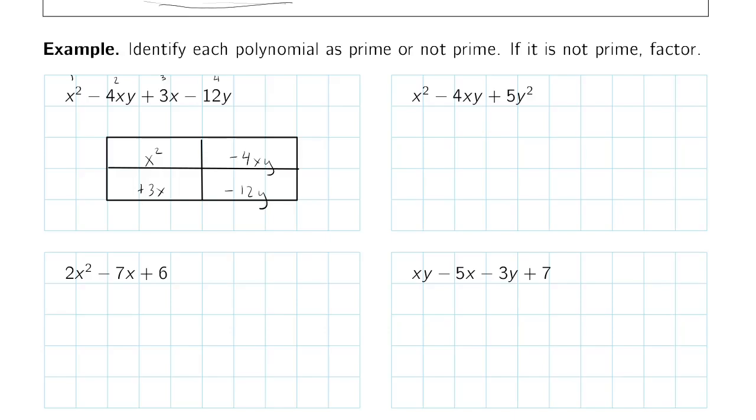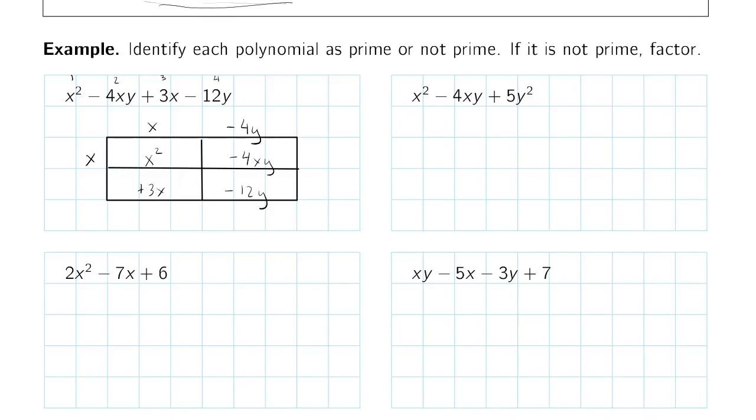Greatest common factor in my first row is x. So in my first column, I'll need another x, because x times x is x squared. In my second column, I'll need a negative 4y. X times negative 4y is negative 4xy.